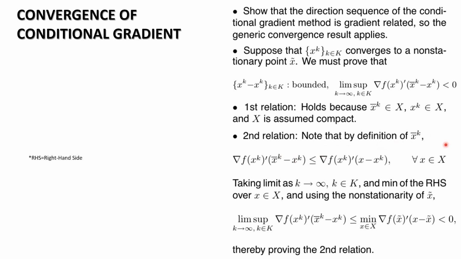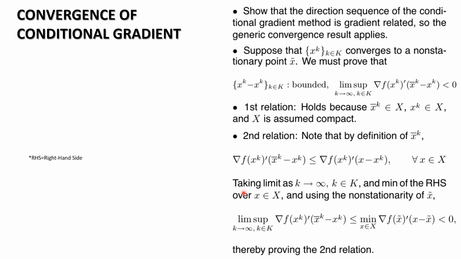And the second relation: note that by definition of x bar k, the limit superior of this product is negative. We prove this using the definition of x bar k. x bar k is the argument minimum of the product of the transposed gradient and x.